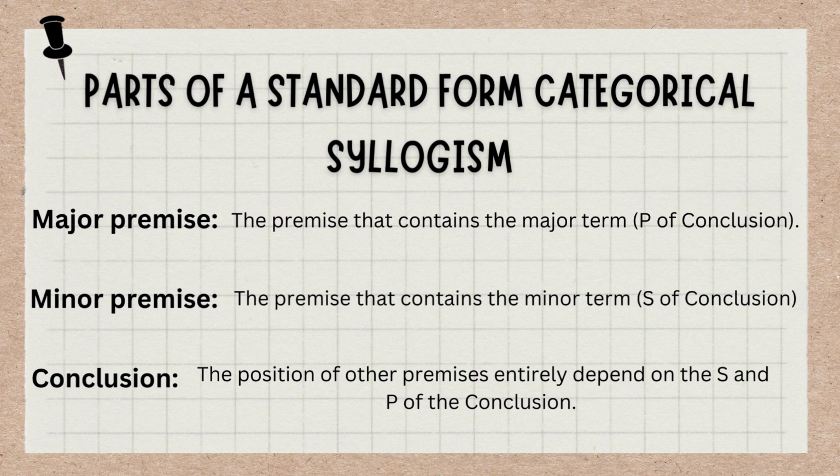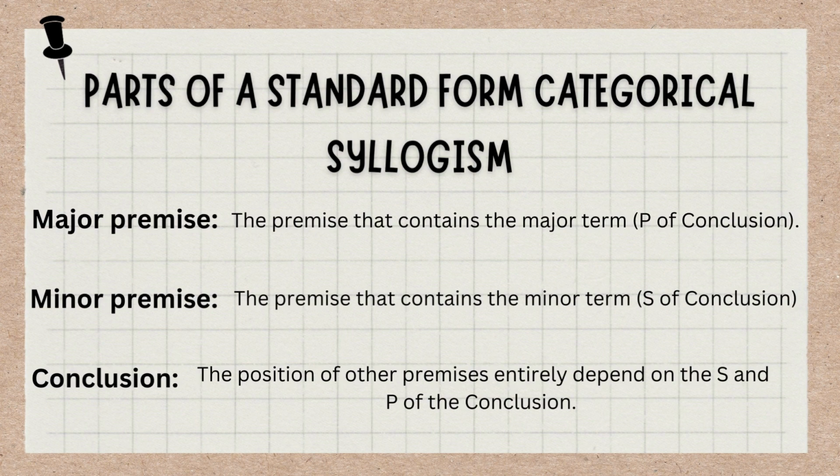But before concluding which premise has the major term and minor term, we should be able to find which is the major term and minor term, right? As we saw before, the predicate of a conclusion is the major term, so that premise will be the major premise.